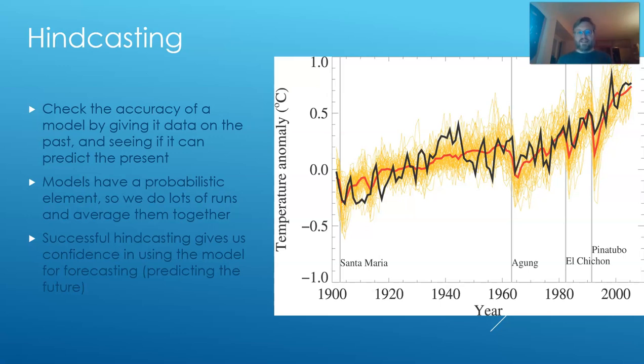Starting off the model with data from the 1890s, it was able to figure out where we'd be in the 2000s. Didn't get everything exactly right. There are some ups and downs to the actual temperature data that weren't quite captured in the model run. So you'll notice there's that big spike towards the end.